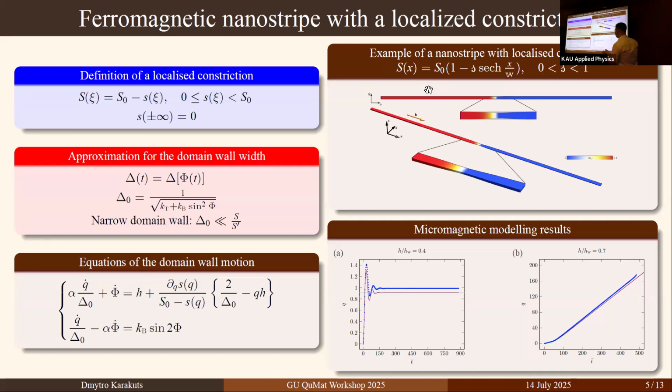We have conducted full-scale micromagnetic simulations of such a system to confirm our analytical results. And indeed, for smaller fields, we have a domain wall pinning due to equilibrium between external field and cross-section gradient. And for larger fields, we have a domain wall depinning.